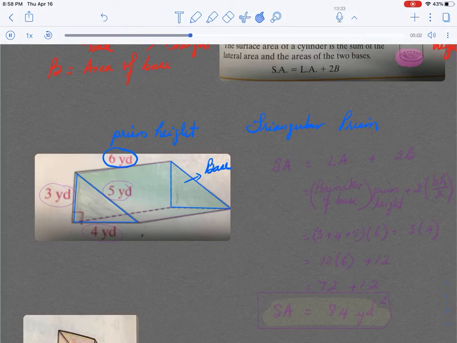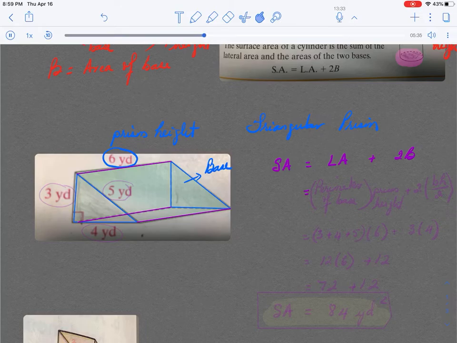Let me change the color. Surface area means the area of the whole figure. Once you identify the base, everything else will be a lateral. All of these right here in purple, all these things right here will be a lateral.